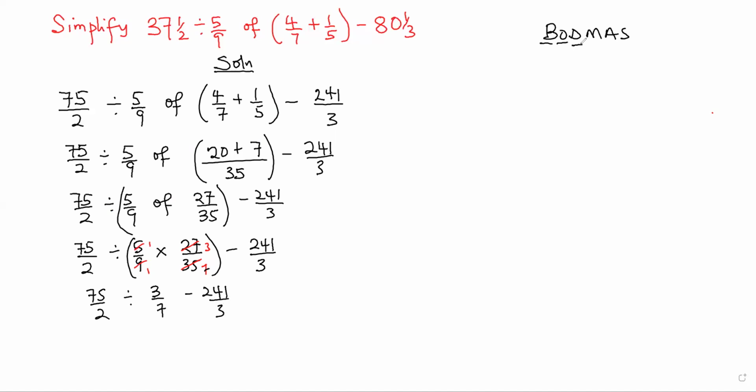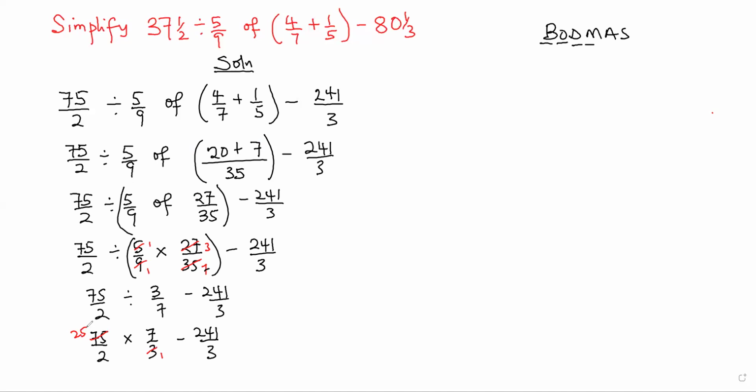So we now come to division. We need to apply the division. So we have 75 divided by 2. We change the division to multiplication, then we reciprocate, so it becomes 7 over 3. Now we need to deal with the multiplication. 3 here, 1; 3 here, 25.